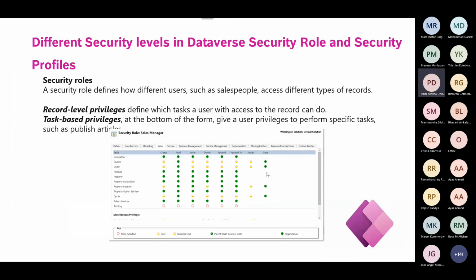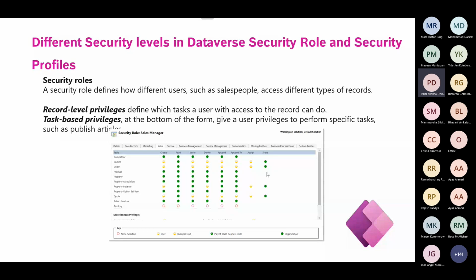Now I want to talk in detail about security roles, because that is the heart of this Dataverse platform. So, what is a security role? It defines how each user or each team can come and play around with the data that is there in the environment.